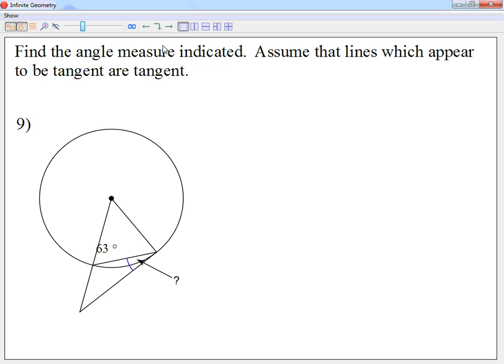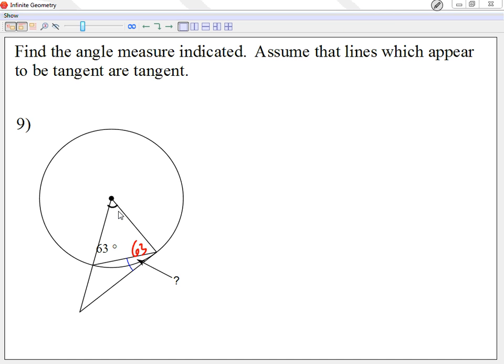Then we move into this part. The way we're going to work this one out, let me just pay attention to this triangle here. That's the triangle I'm looking at. I know the two sides are radius, so I'm talking about an isosceles triangle. I know this angle is 63. I could even find this center angle here.